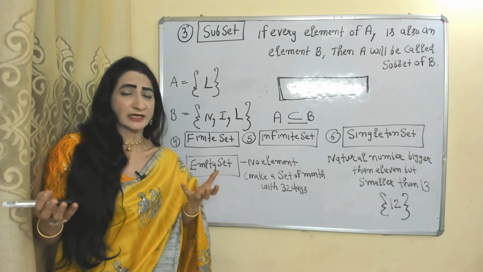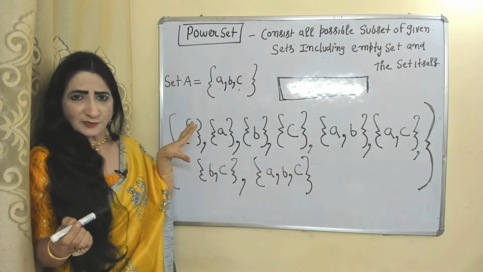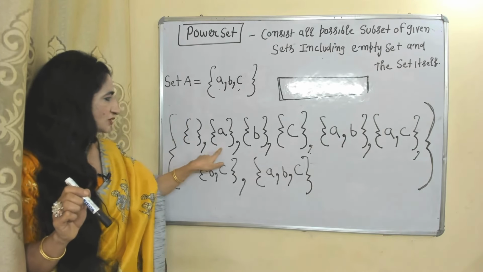Power set. A power set consists of all possible subsets of a given set plus the empty set and the set itself. This is our given set, and all possible subsets of this given set are this one, this one, this one, this one, this one and this one.